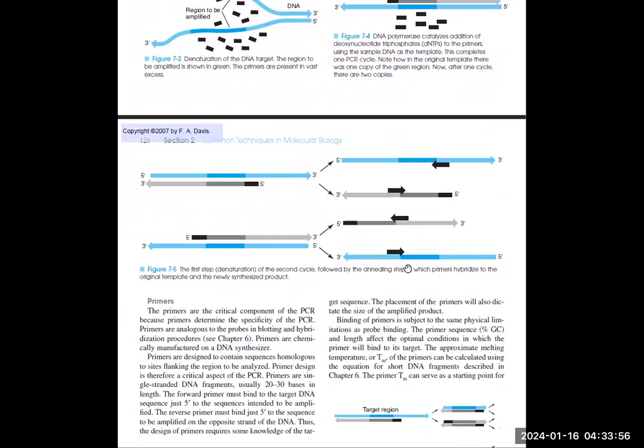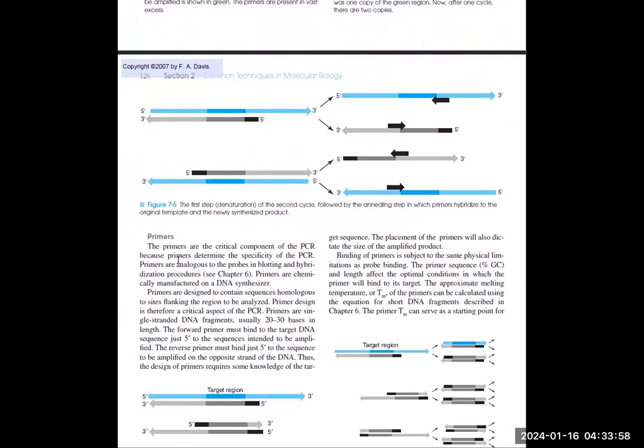So guys, we have the primers. If we're talking about primers, they are really critical components of the PCR because they are responsible for determining how specific our PCR reaction is. And our primers are similar to probes in our northern blots, southern blots, and hybridization procedures.